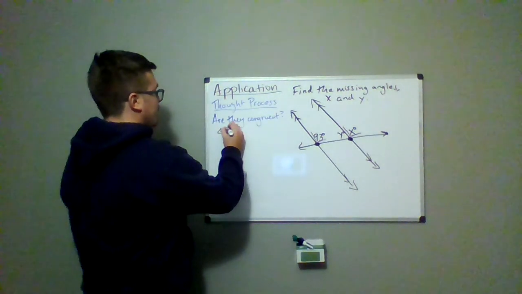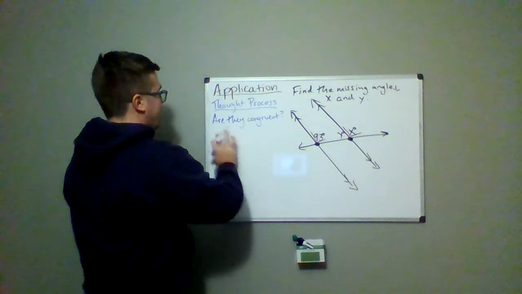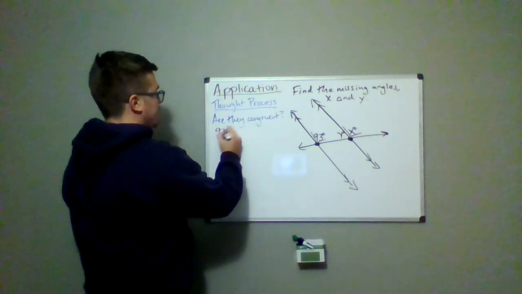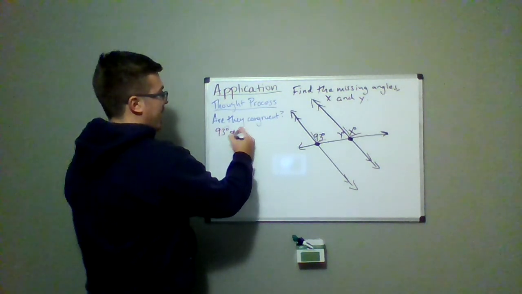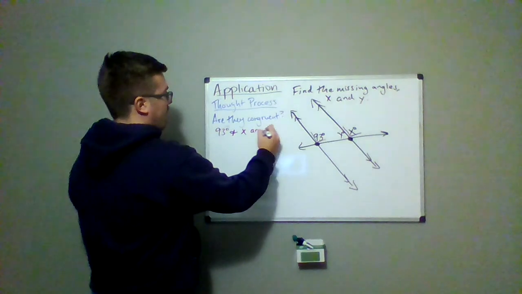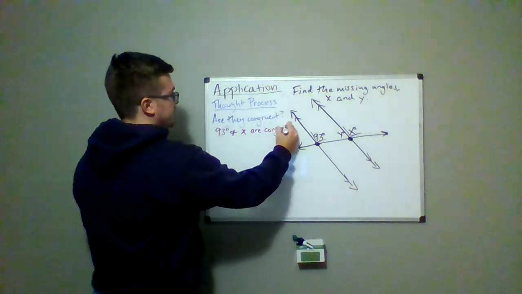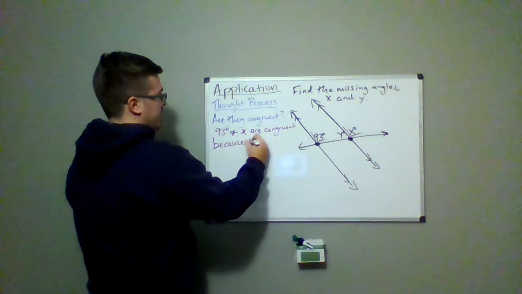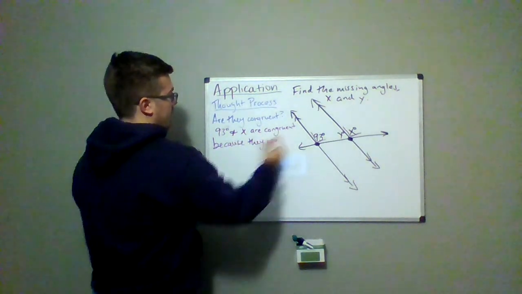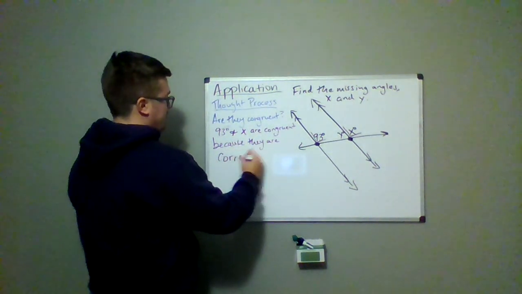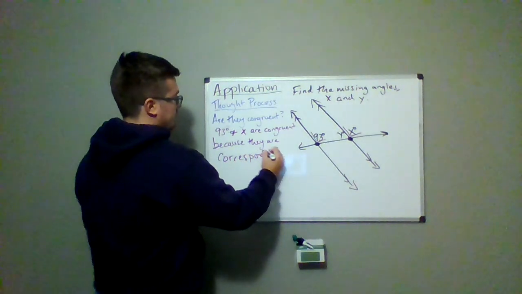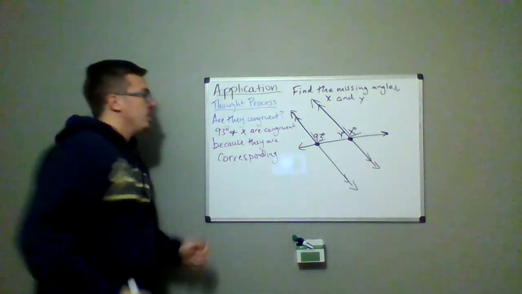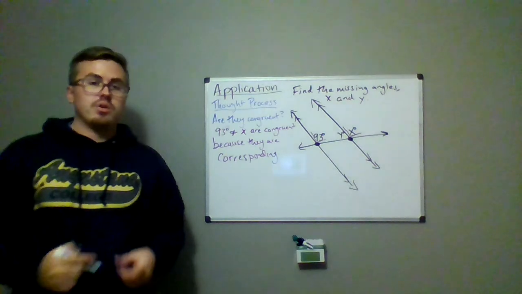So the 93 degree angle and x are congruent because they are corresponding. Great, that helps us out a lot.